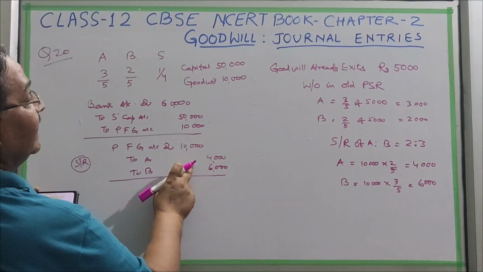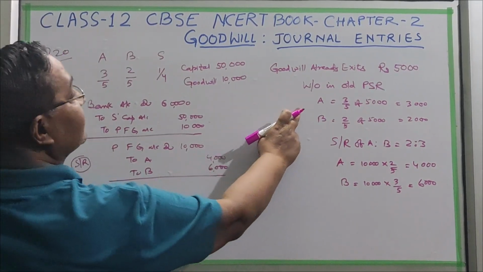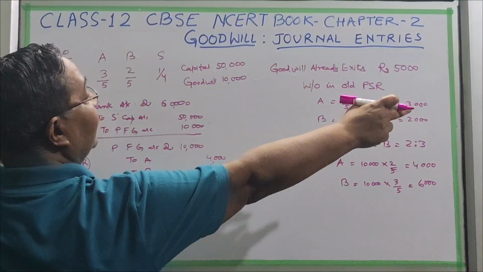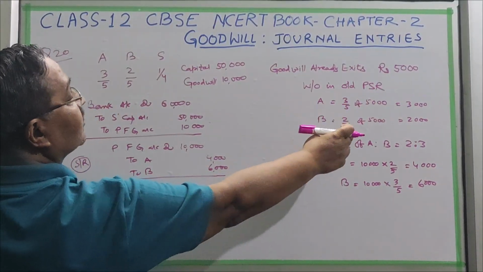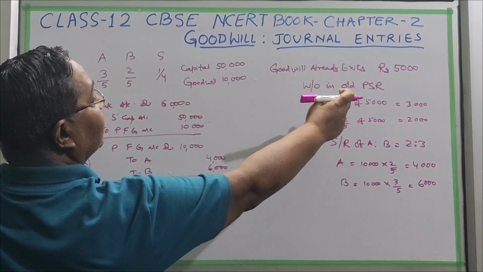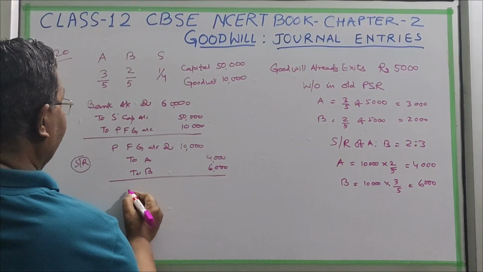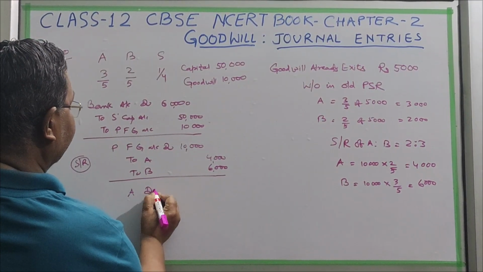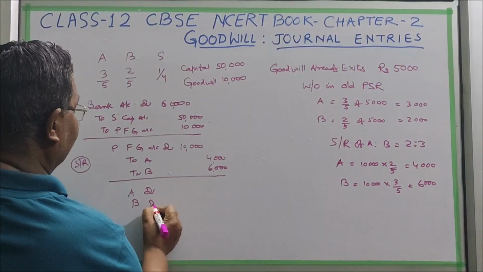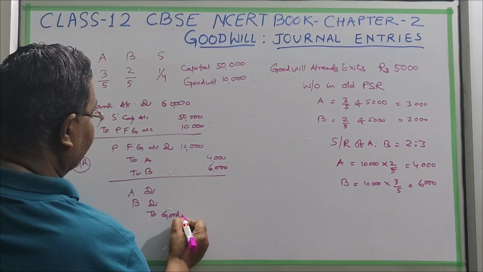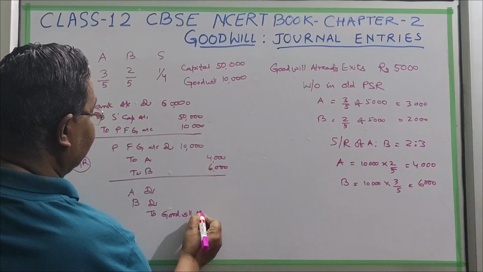Now, when goodwill is brought, he will insist on writing off the existing goodwill appearing on the asset side of the balance sheet. The old 5,000 that is there will be written off. So A's capital account debit, B's capital account debit, to goodwill account, because goodwill is appearing in the balance sheet.